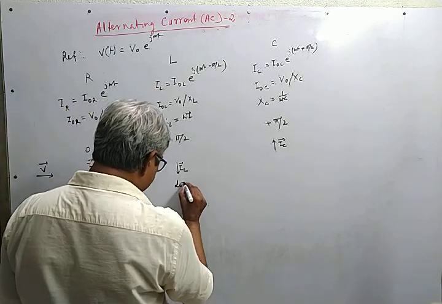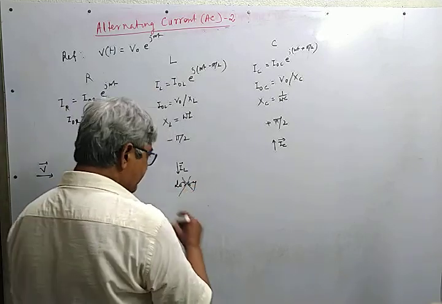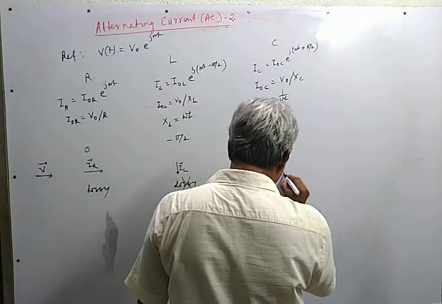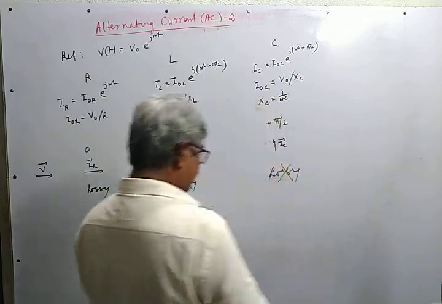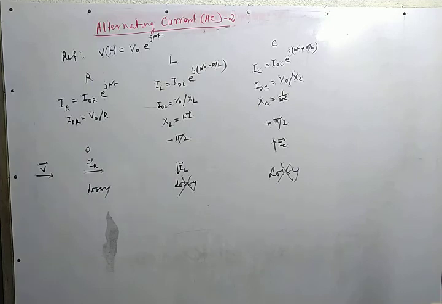This is not a lossy element. This is not a lossy element. In inductor and capacitor, the circuit element receives energy from the source in 2 quarters and returns it back to the source in the other 2 quarters.